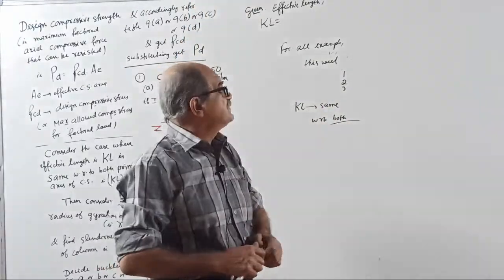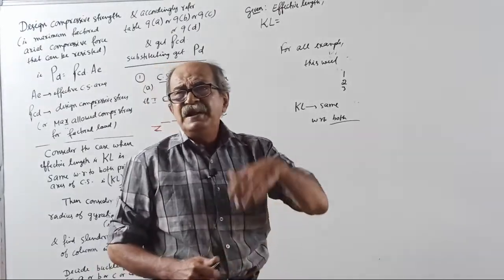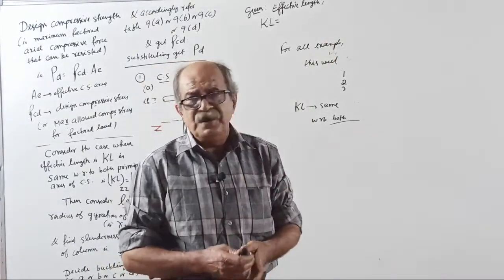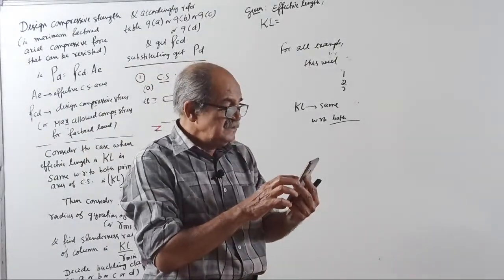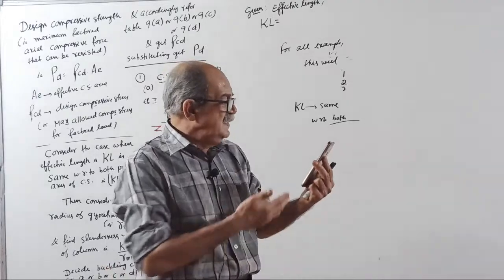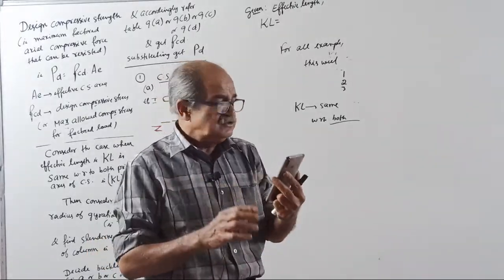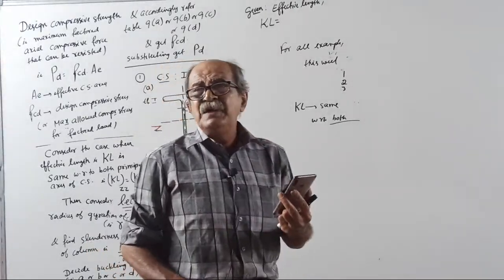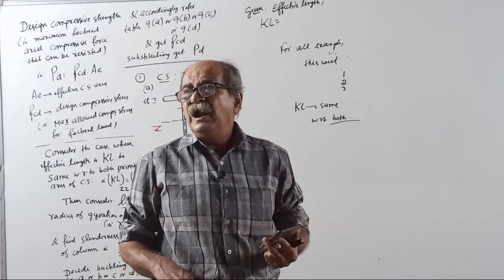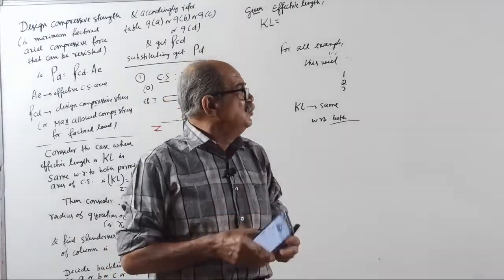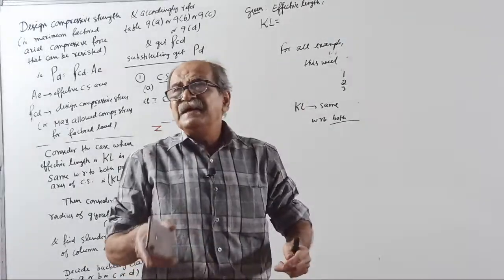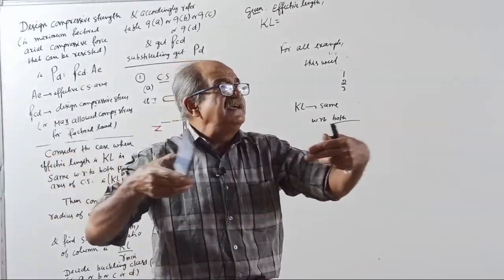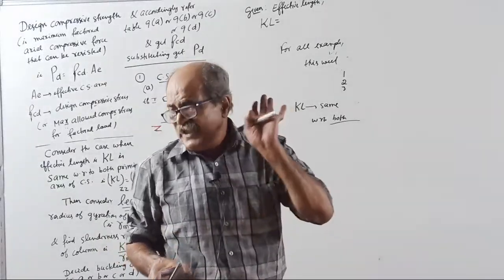If somebody asks, if not the same, what to do? It came in the main course, already told. If I discuss all that here, this will go beyond the limit. And those who are studying from an examination point of view or any competitive examination, usually it will be the same. Practically also, unless intermediate bracing etc. comes, effective length is the same.